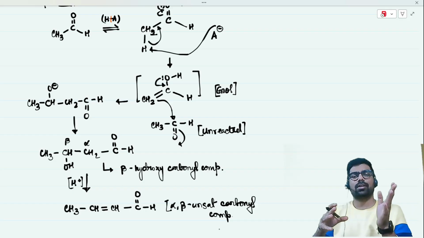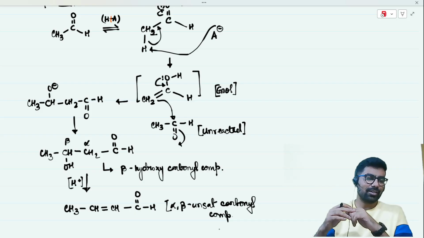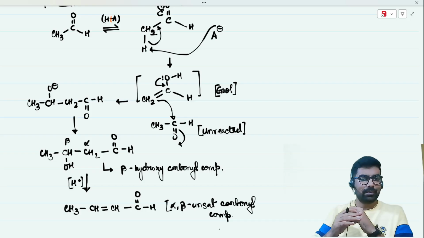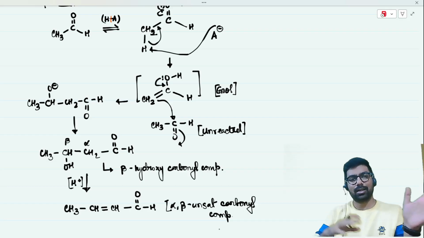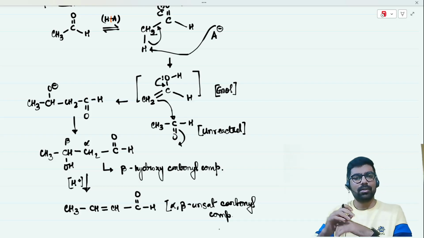In the original aldol condensation, the products are also beta hydroxycarbonyl compound and alpha beta unsaturated carbonyl compound. In the acidic medium also the products are the same. What is the difference over here?